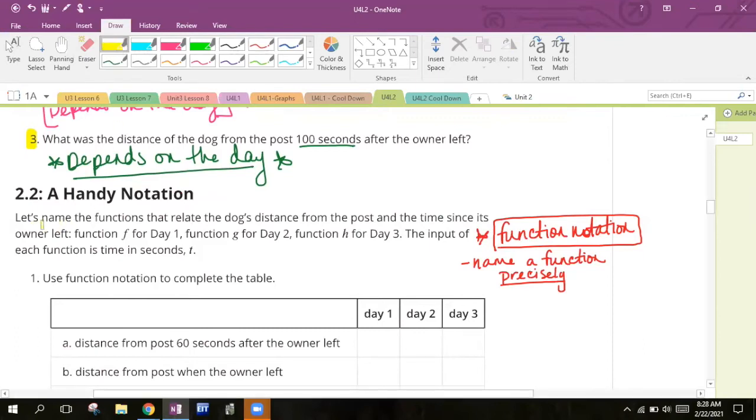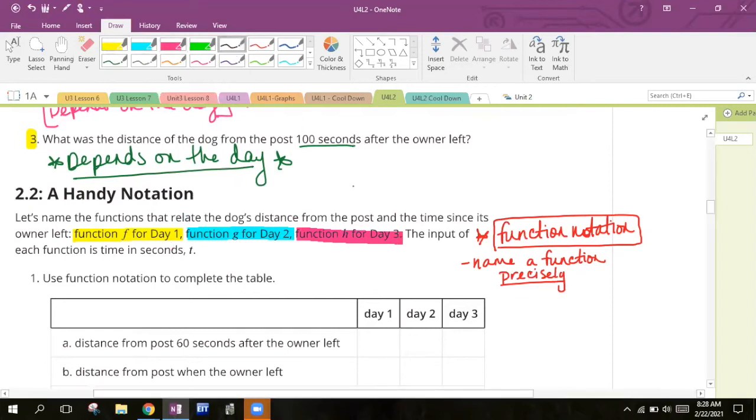All right, so we have this situation here. It says, let's name the functions that relate the dog's distance from the post and the time since its owner left. We're going to let function F be day 1. We're going to let function G be day 2. And we're going to let function H be day 3.